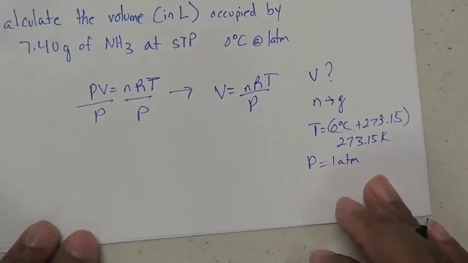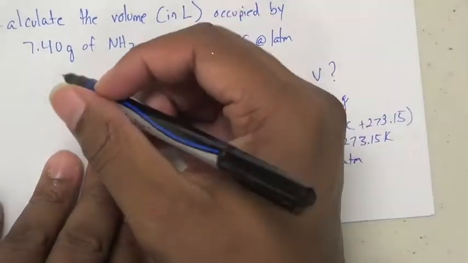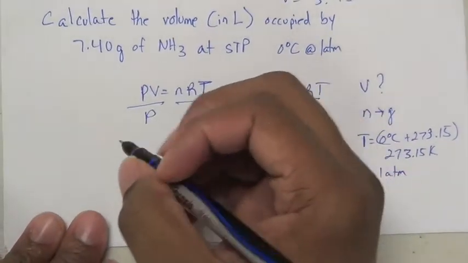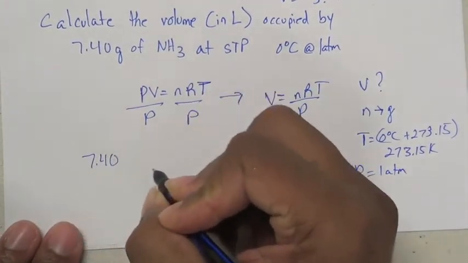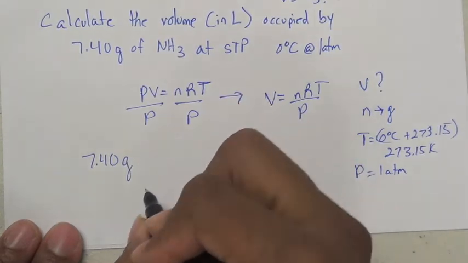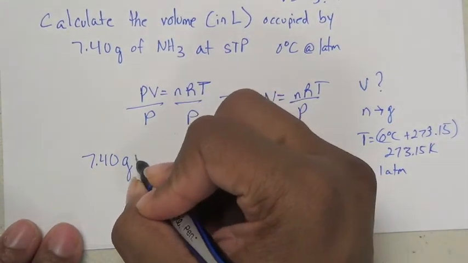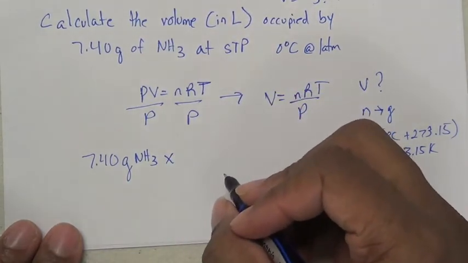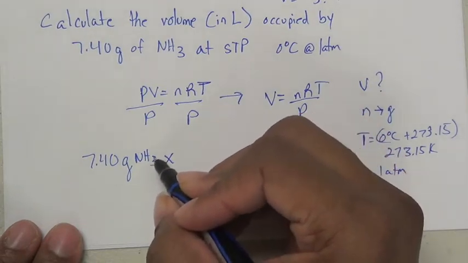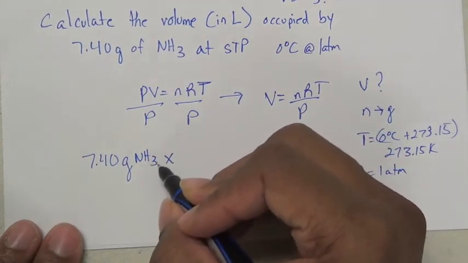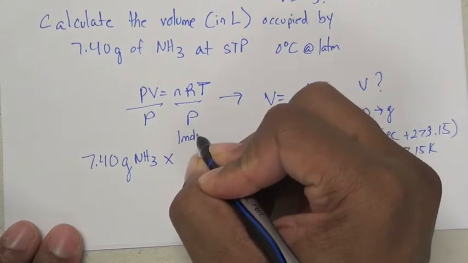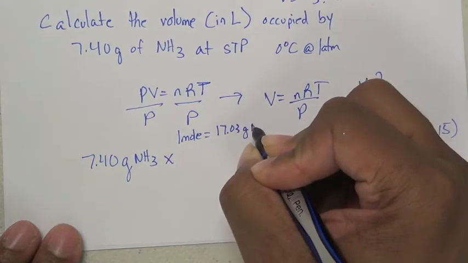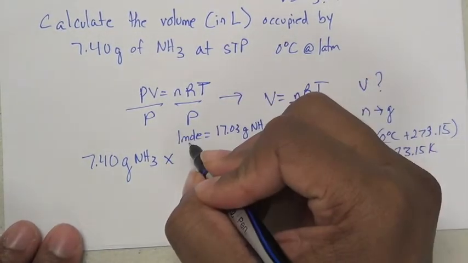For the first step, we need to convert these grams to moles before we can plug this into the problem. So we have 7.4 grams of NH3 times, our relationship between moles and the molecular mass: 1 mole of ammonia is equal to 17.03 grams.